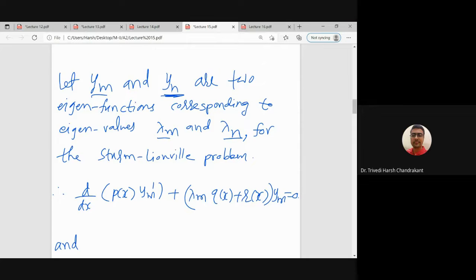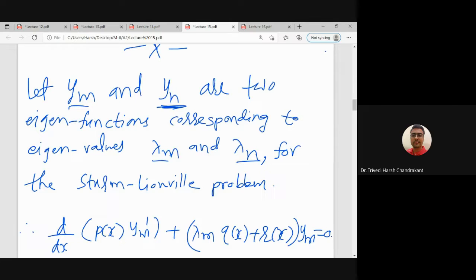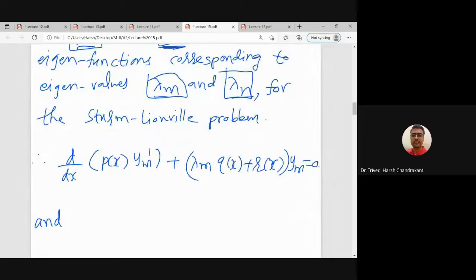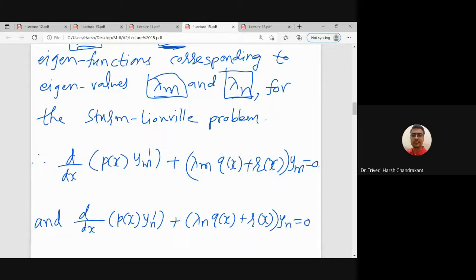So ym is a solution corresponding to lambda m. yn is the solution corresponding to lambda n. So that will give us a second equation by substituting yn and lambda n. We get d by dx of (px yn dash) plus lambda n times (qx plus rx) times yn is equal to 0.